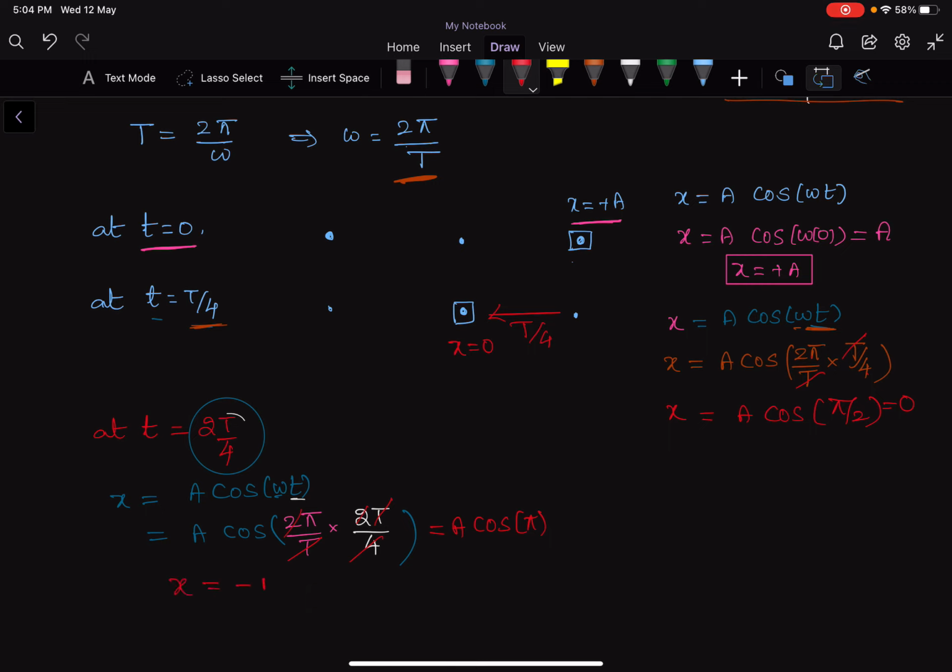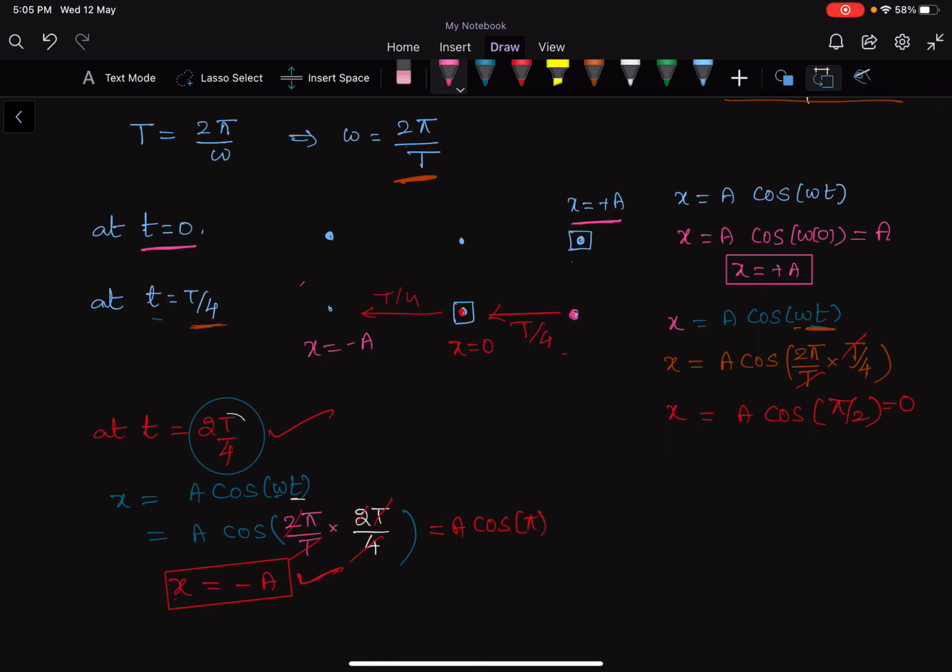So x equals minus a. After another T by 4 seconds, the particle moves from x equal to 0 to x equal to minus a.